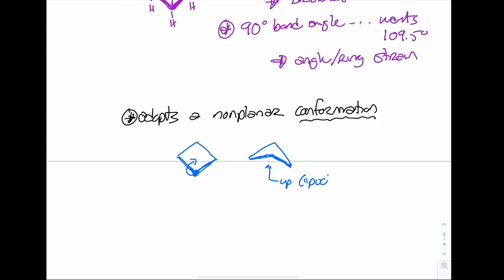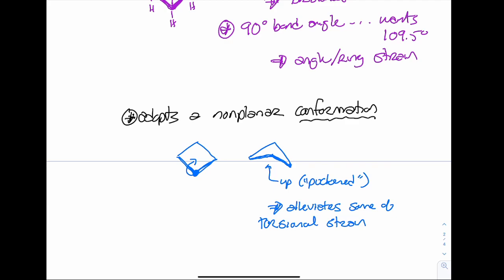Sometimes we say it's puckered. I don't usually use that word because I think it sounds funny, but we're moving that up and it alleviates some of the torsional strain. It still has angle strain, and honestly it has more angle strain now because we're tightening up some of those bond angles when we do that. So we're adding angle strain to it, but we're relieving more torsional strain than we're adding angle strain.